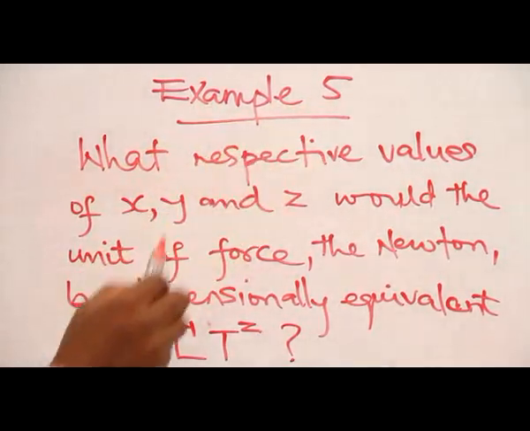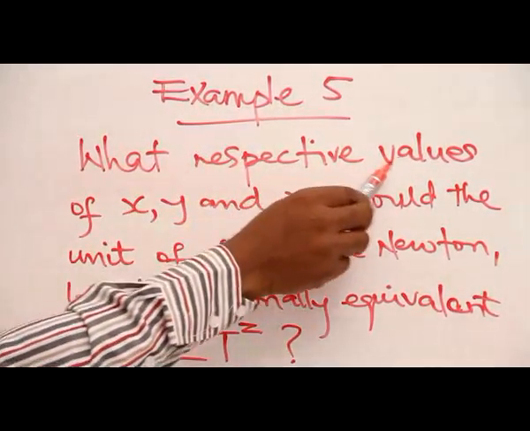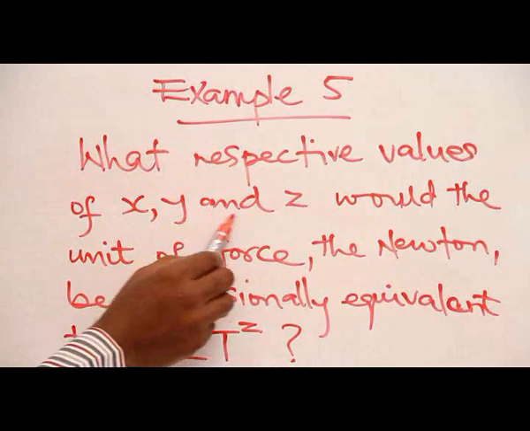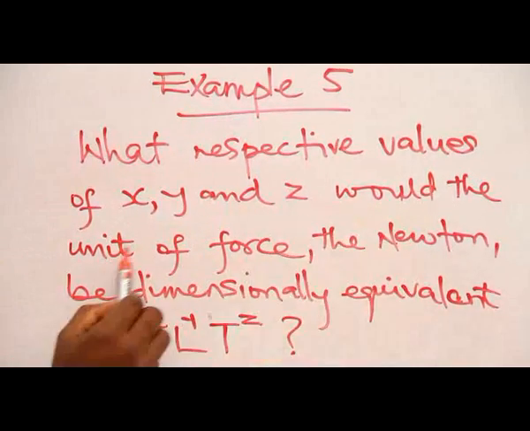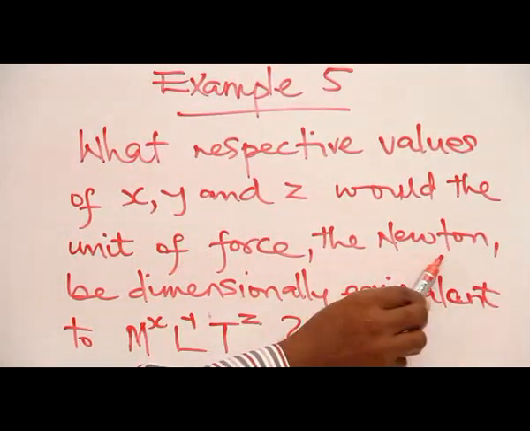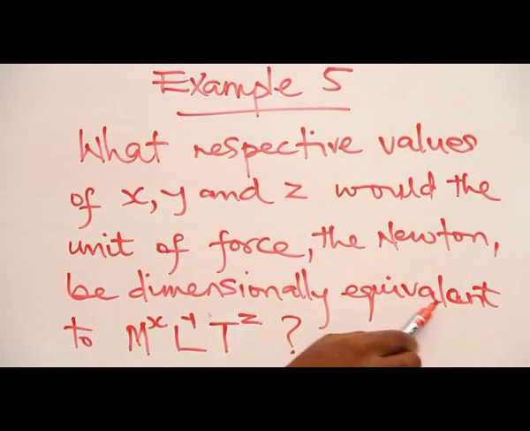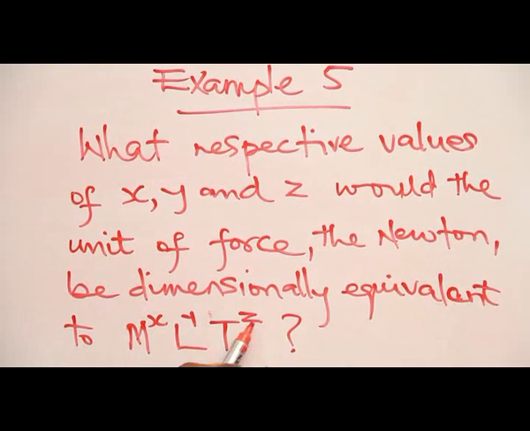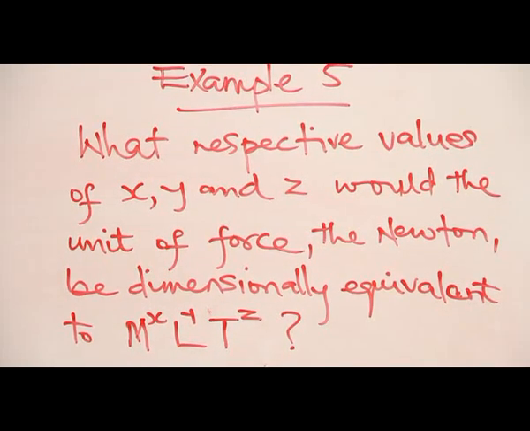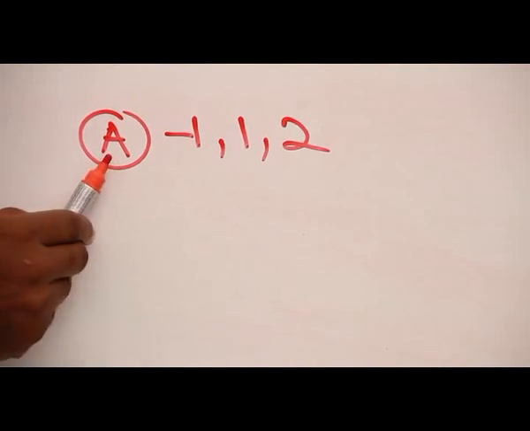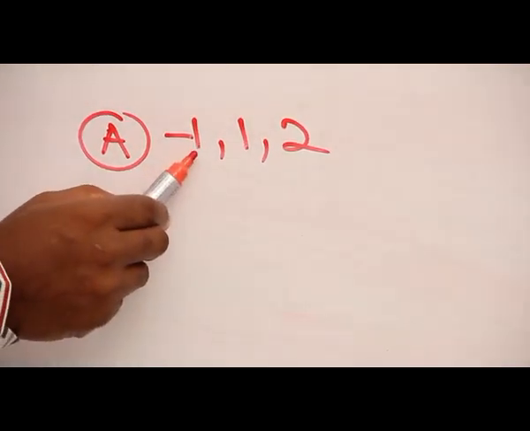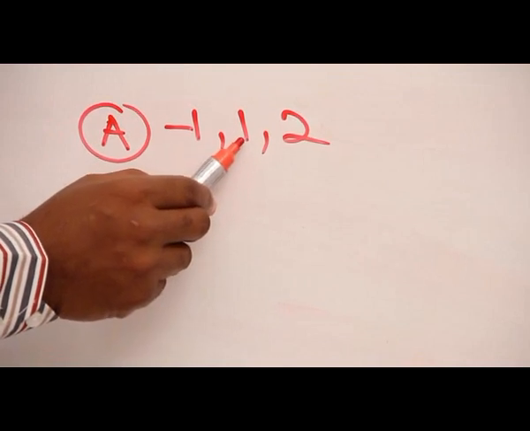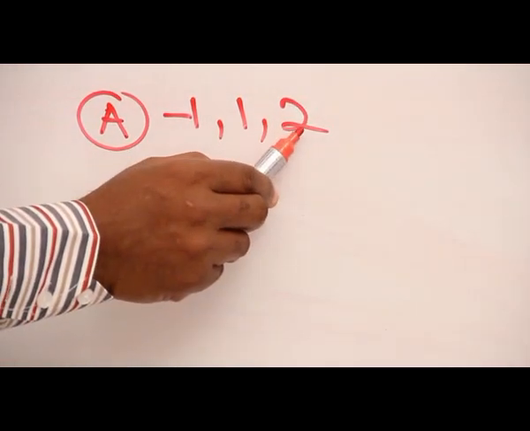Example 5. What respective values of x, y, and z will make the unit of force, the Newton, dimensionally equivalent to M^x L^y T^z? Option A, x equal to minus 1, y equal to 1, z equal to 2.